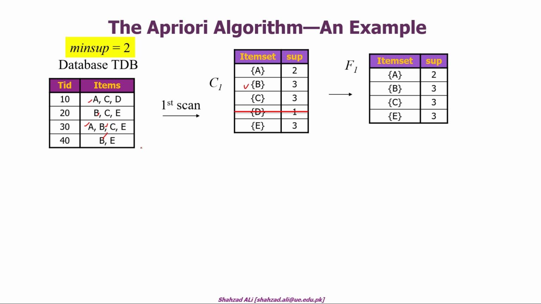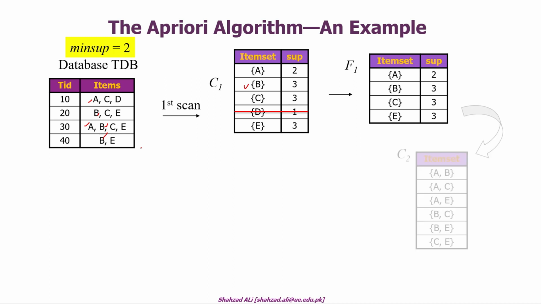So using this frequent item set of length 1, we generate the candidate item sets of length 2. That means AB, AC and AE, as you can see here in the C2 table. Similarly BC, BE and CE, these are all candidate item sets of length 2.